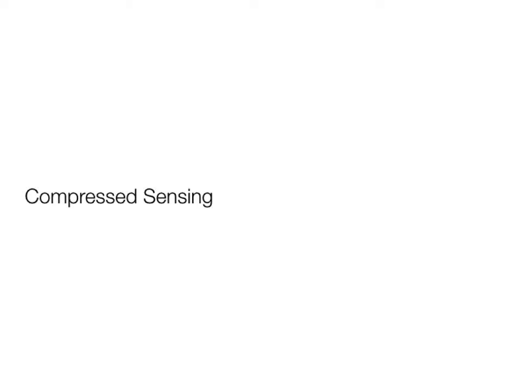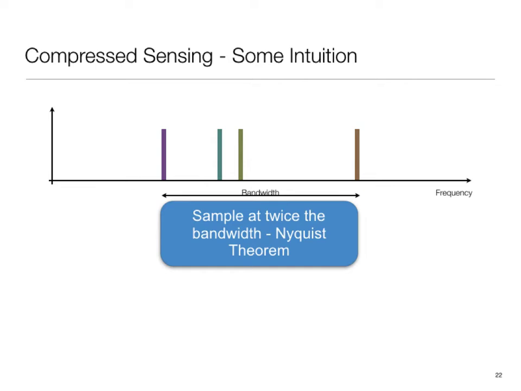But the basic idea being that instead of this dense sampling, could we get away with something which is more smart. So the intuition behind these things is the following: let's imagine that we are looking at a signal in the frequency domain.